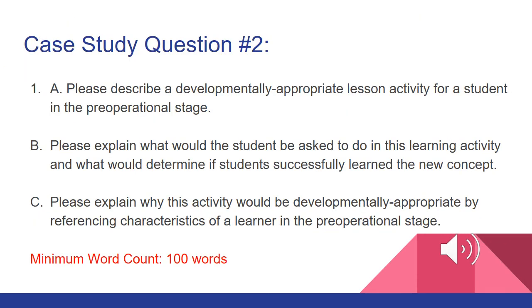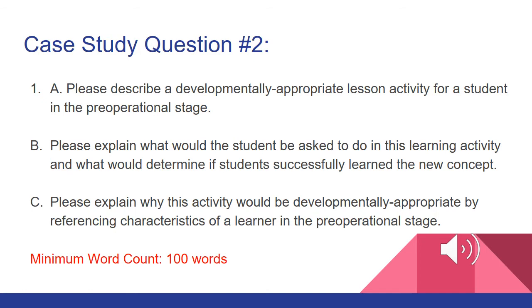Now we're going to do the same thing for our second case study question. So I want you to think, what would be a developmentally appropriate lesson activity for a student in the pre-operational stage? So let's say a student who's 5 in kindergarten. Or you could choose earlier if you want to do pre-K, or even at the later stages, let's say 7, which is about first grade. I want you to think and describe what would exactly happen during this learning activity and how you would assess or determine if students were successful in learning it.